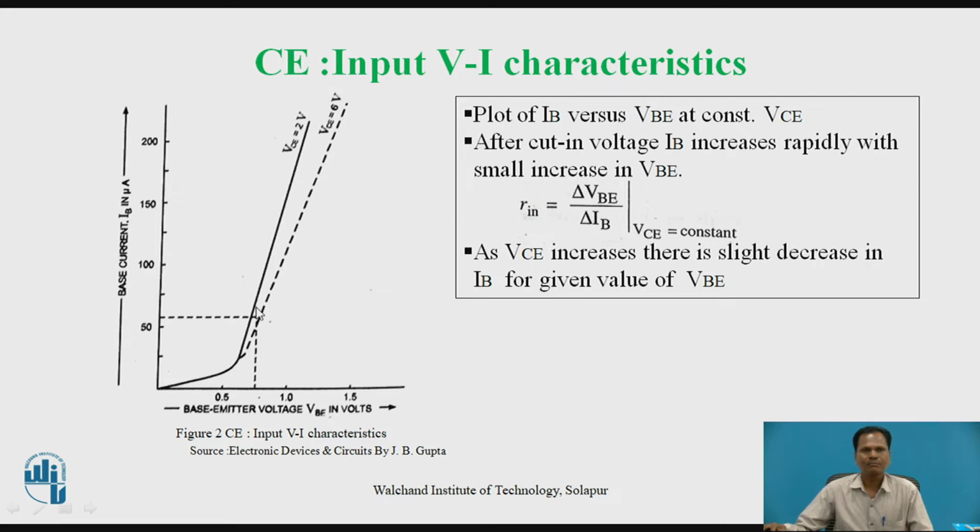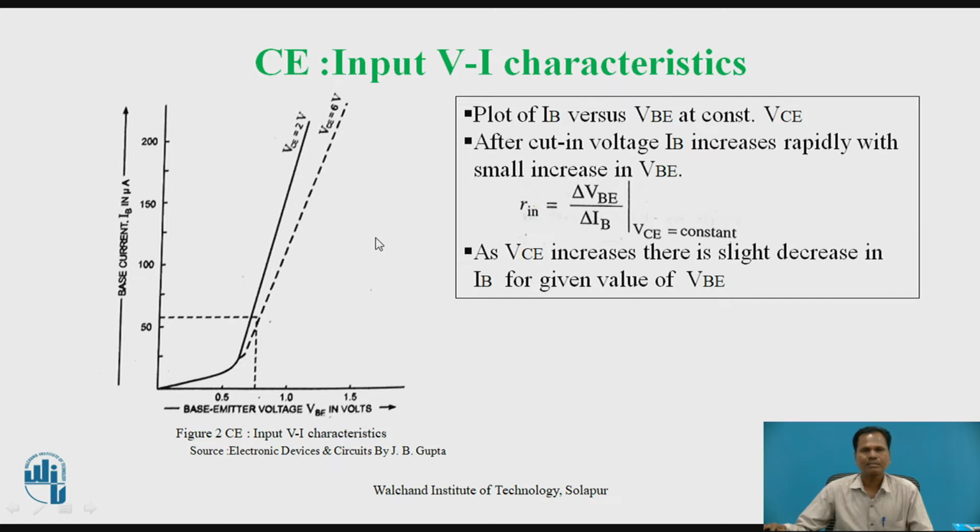So from this graph, it is seen that for a small increase in base to emitter voltage, there is a large change in base current IB. So from this input characteristic, we can obtain the input resistance of a transistor.